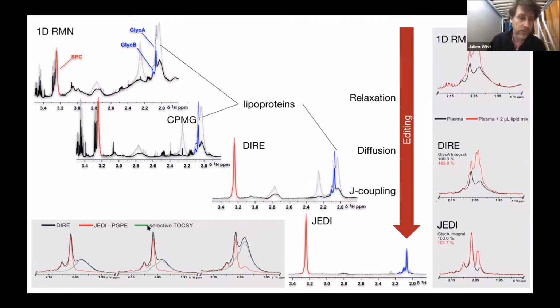But if we look at the gray box on the bottom of the slide, you can see selective experiments that were performed show that the contribution from the lipoprotein is not easily modeled just by a Gaussian, but may have a different contribution that overlaps with the glyc-A. So it is not very easy to accurately model the contribution from those lipoproteins. Then the idea of having an experiment that leads to a clear spectrum sounds much more attractive to us.